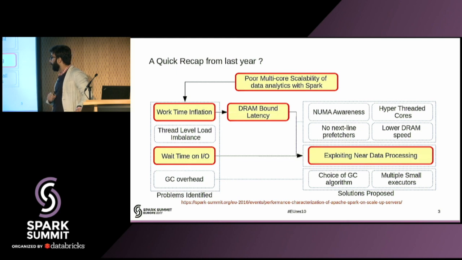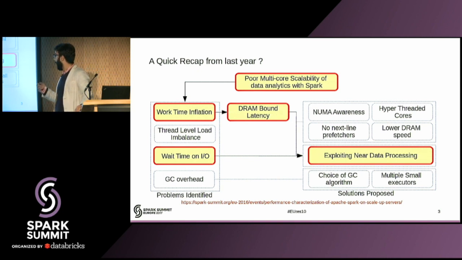Regarding garbage collection overhead, I found that the choice of the garbage collector plays a huge role. The other thing is how you set up Spark on scale-up servers. Generally, people have one bigger JVM, and when it triggers garbage collection, it takes a large amount of time. So what I recommend is having multiple smaller JVMs, each no bigger than 32 gigabytes. But that's from last year.